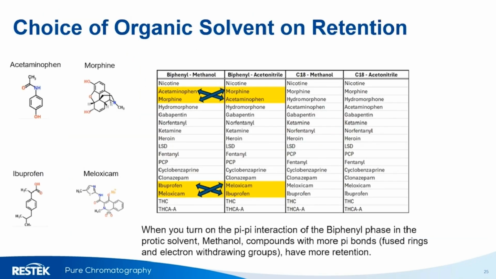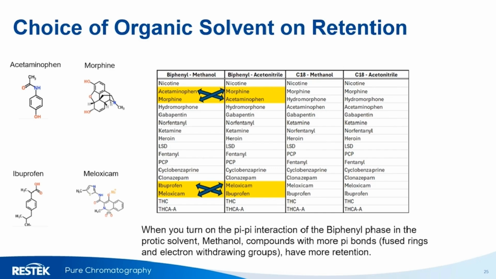In looking at the retention of the analytes on the different stationary phases with different mobile phases, we can see that there are some differences. Now looking at the C18 between methanol and acetonitrile, we can see that the elution order of all of the compounds remains the same, whether we're within methanol or within acetonitrile.